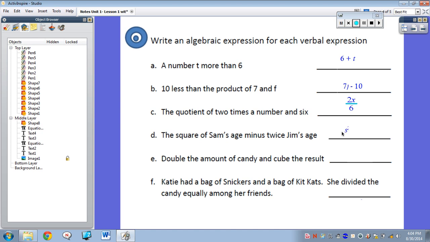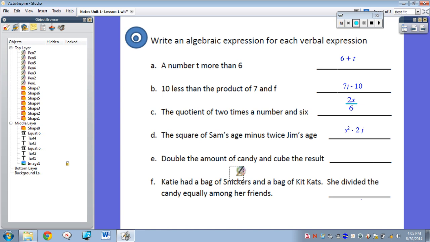So you've got s squared, so we're using s for Sam for our variable, and we're squaring it, minus twice Jim's age. Well, when you twice something, you are multiplying by 2, and we're going to use the variable j for Jim, so 2j. So you're taking Sam's age, s, and you're squaring it, and you're subtracting 2 times j, which is Jim's age.